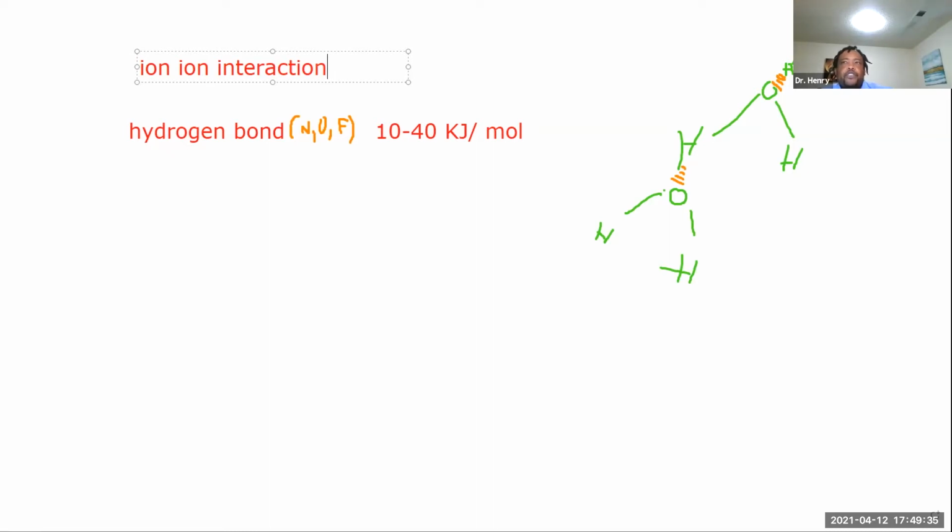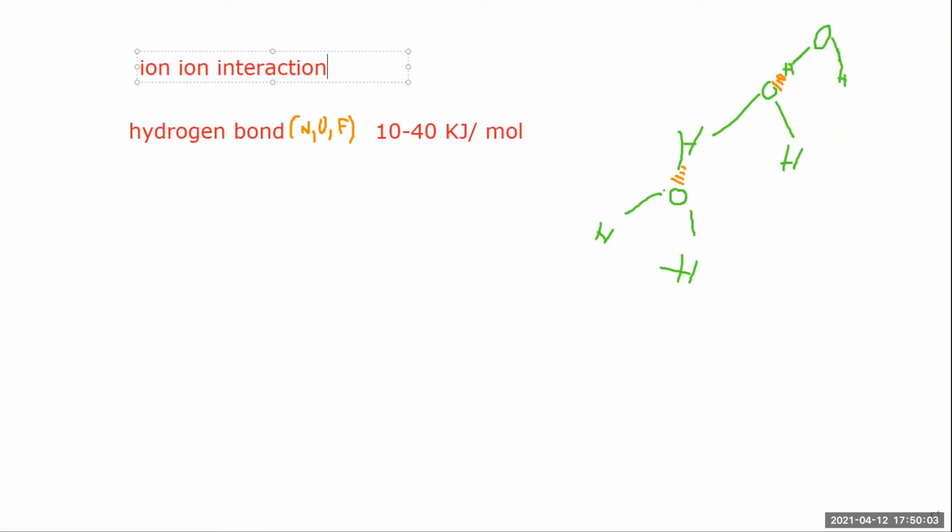But what I'm saying is 10 to 40 by the fact that hydrogen is interacting with nitrogen, right? That'll be your lower end, because in that case that energy is going to be lower than in the case of hydrogen interacting with fluorine. It's going to take more energy to disrupt the hydrogen interacting with fluorine than with nitrogen. So you're correct, it should be moles.